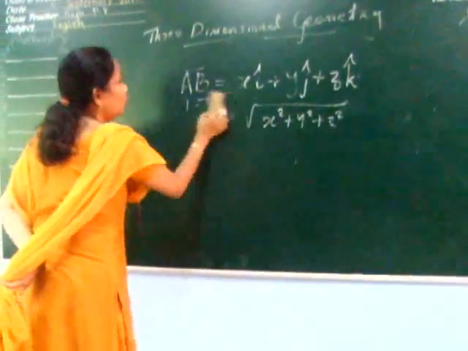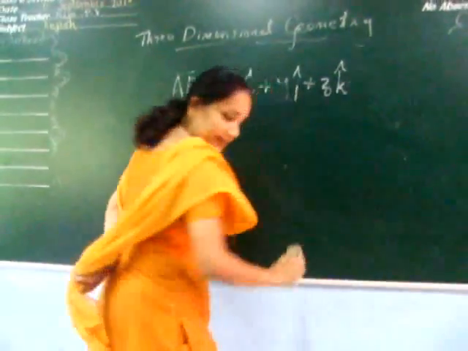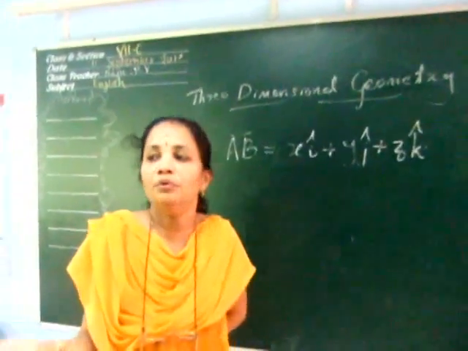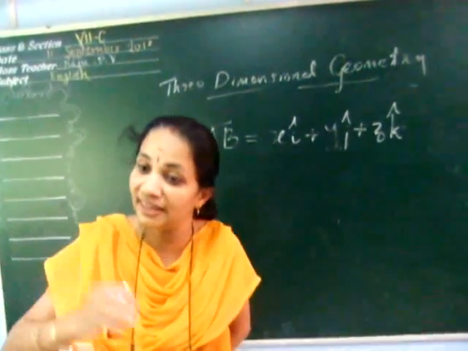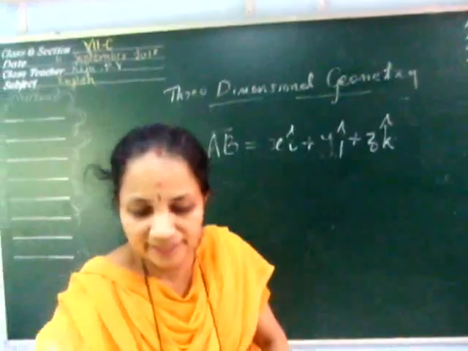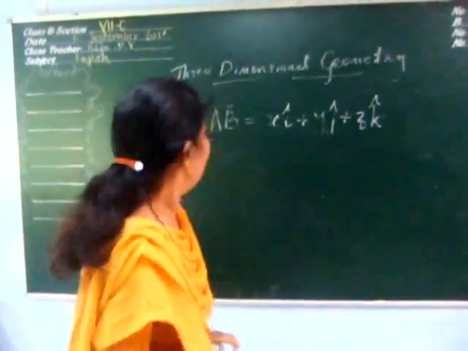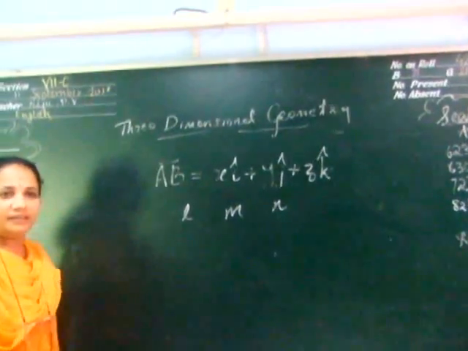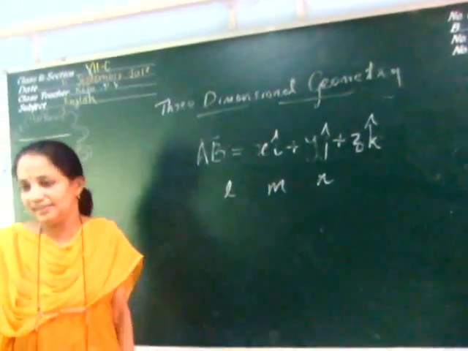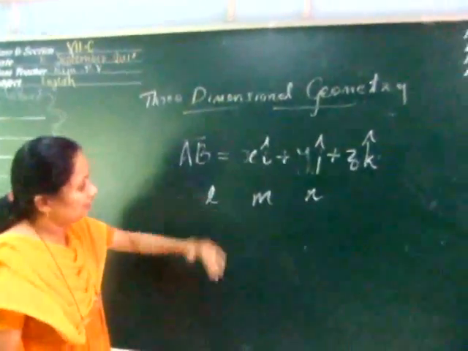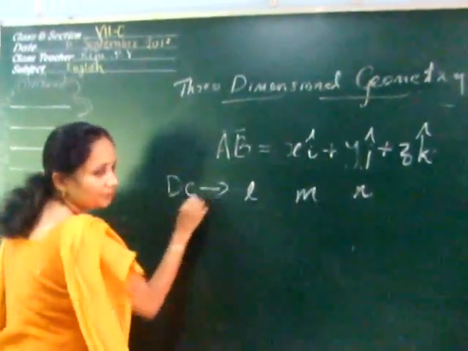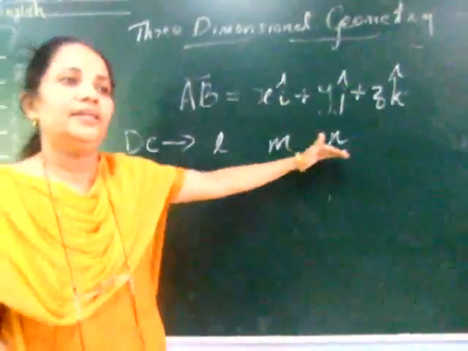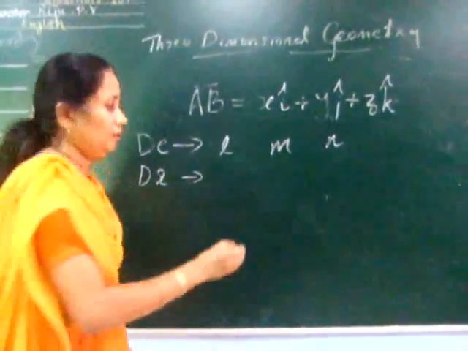Now let us move to the next topic: how to find the direction cosines when direction ratios are given, and how to find the direction ratios when direction cosines are given. For example, if L, M, N are given as direction cosines, to get the direction ratios you simply multiply L, M, N by any one constant.